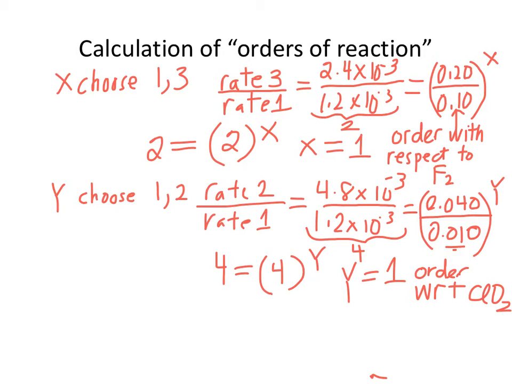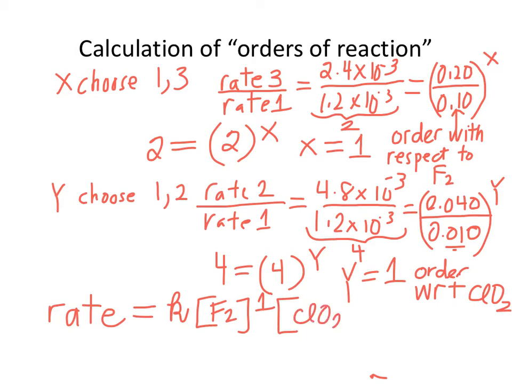Okay, so now we have the orders of the reactions with respect to each of the reactants. So now we will write rate, and this will be the rate law. This is the expression. So rate equals K, the rate constant, times the concentration of F2 to the 1, ClO2 to the 1.